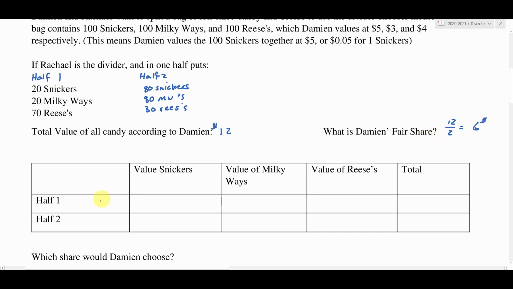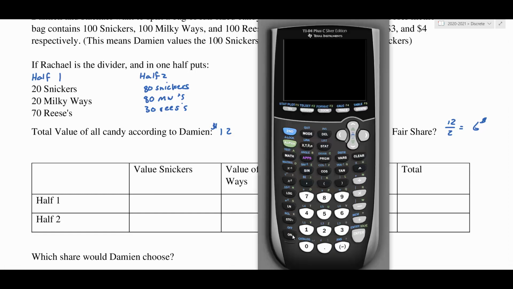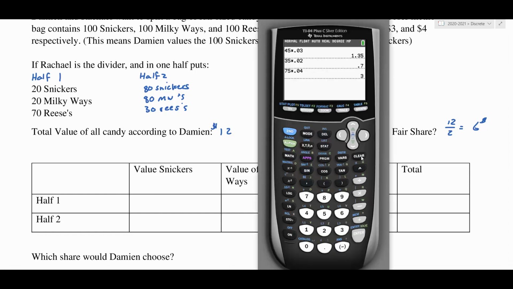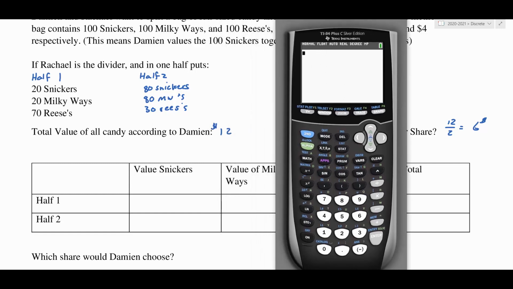The next thing we're going to figure out is, in half one, how much money worth of Snickers do we have? So we're going to calculate that value. I'll pull up my calculator here. Remember that the Snickers are worth 5 cents a piece.